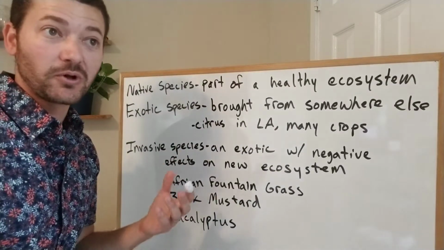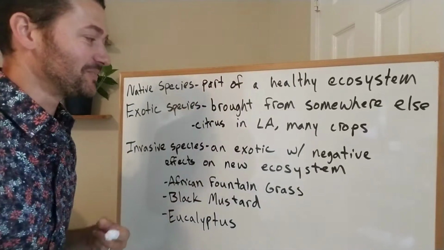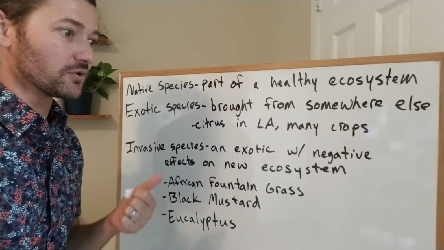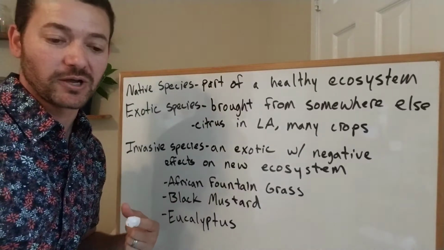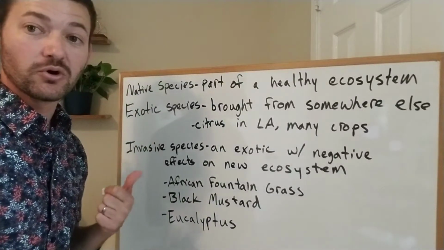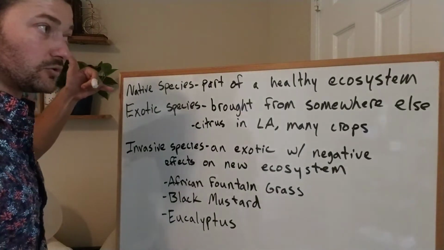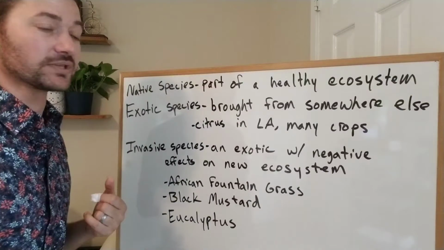There are deer explosions because they have no natural predators, so people have to go and hunt them to keep their populations in control, because you've lost part of that healthy ecosystem.